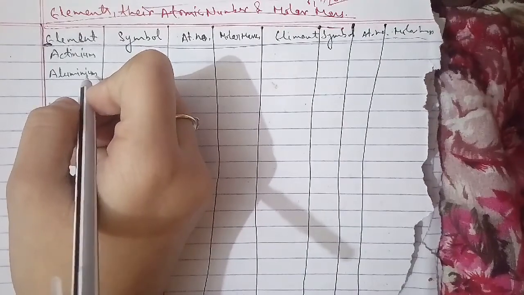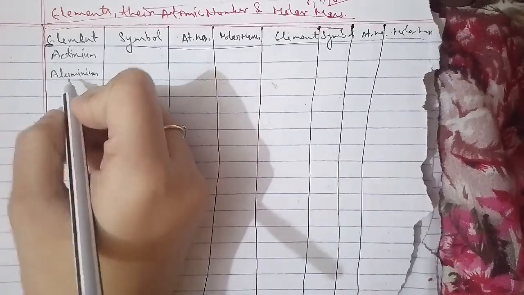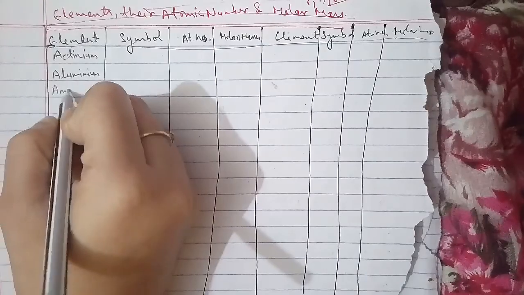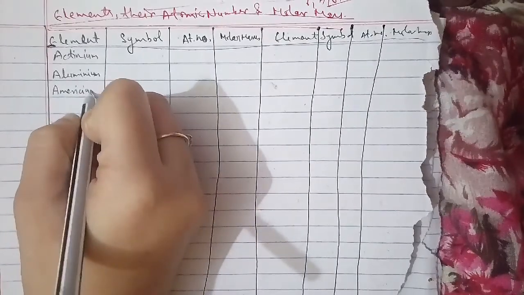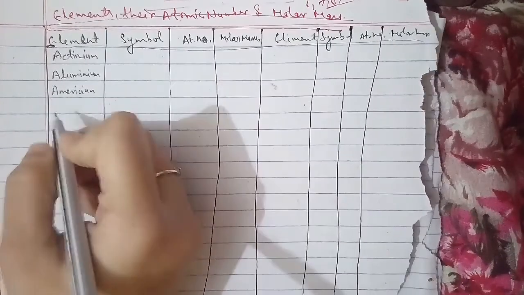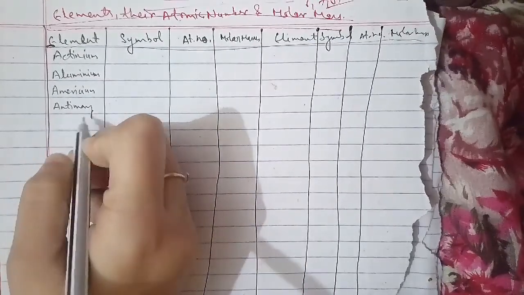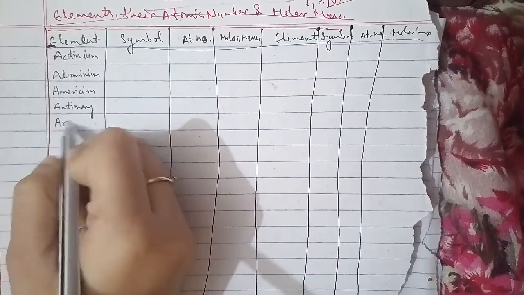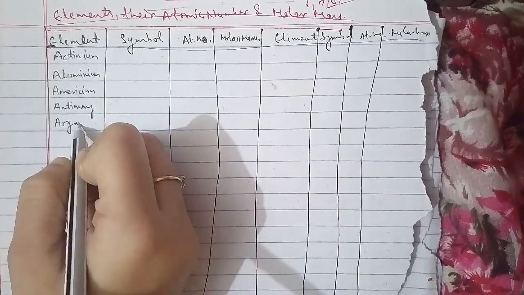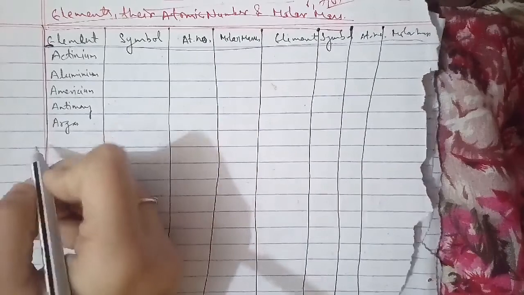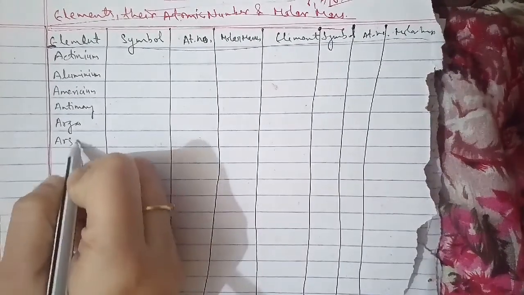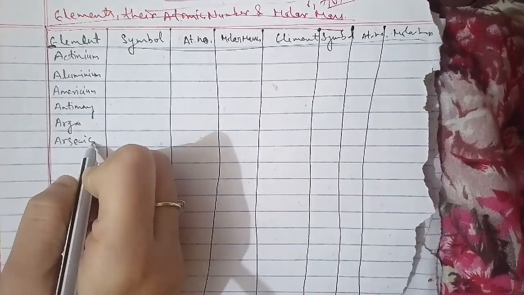I just write it down. Then we have antimony. Then we have argon. After argon, arsenic. Then after arsenic we have astatine.